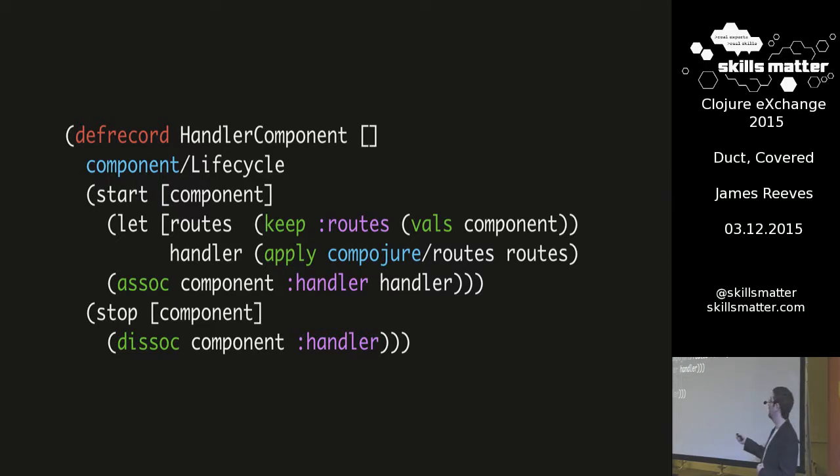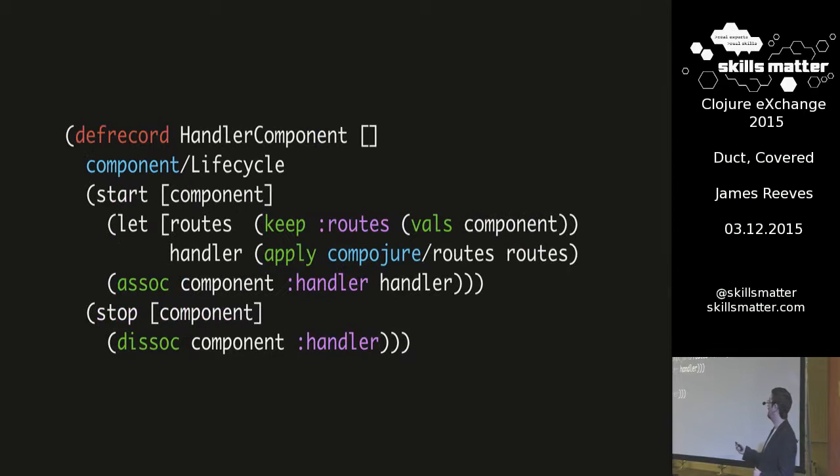So it looks for any dependency which has this roots key. And if it finds them, then it takes all of the roots and uses the Clojure roots function to combine them all together. And that produces the overall handler, which it then associates with the component. And when we stop, we just disassociate the handler. So again, this isn't exactly how Duct handles it, but it's close enough.